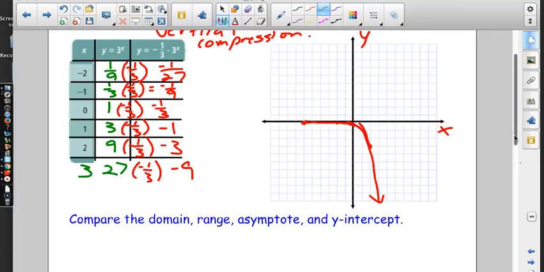So this time around, I'm graphing in the green, negative 2, positive 1/9. Negative 1, positive 1/3. Let's see. 0, 1. 1, 3. And 2, 9.